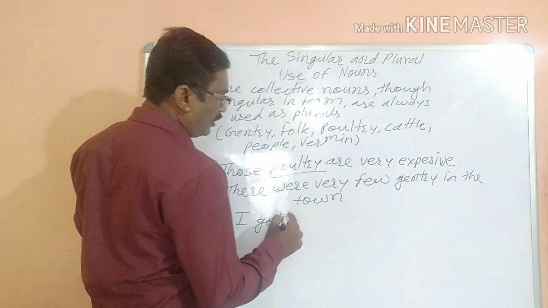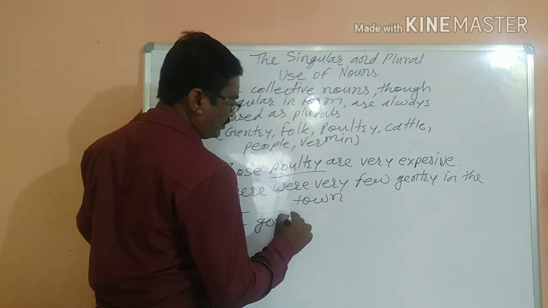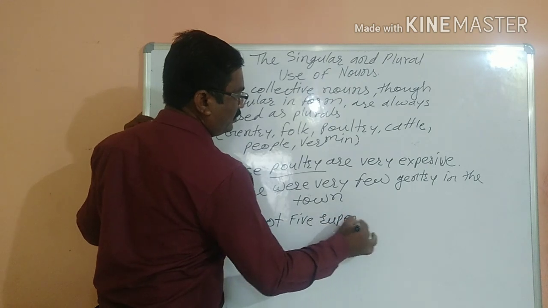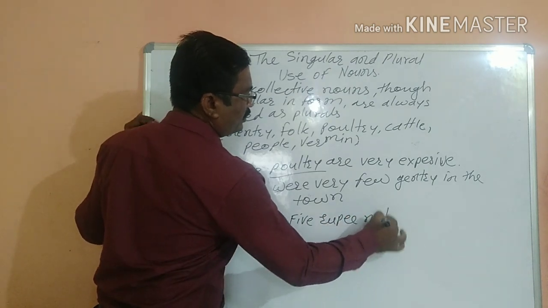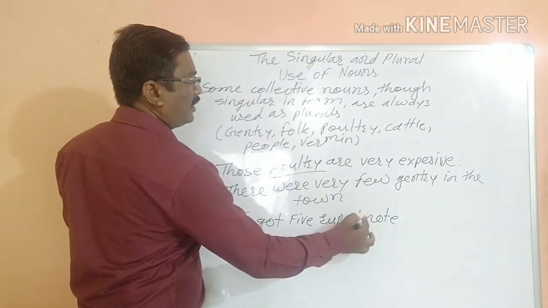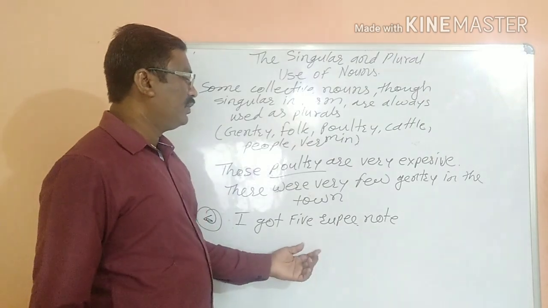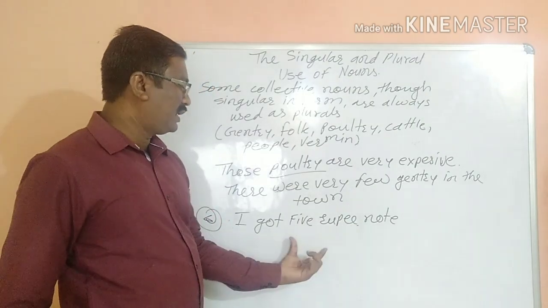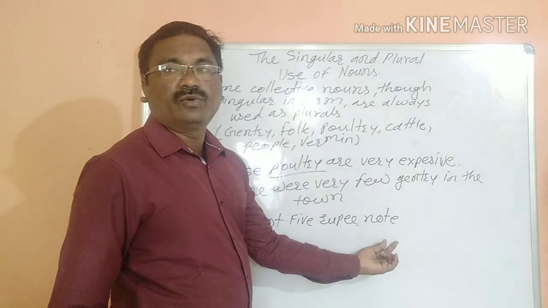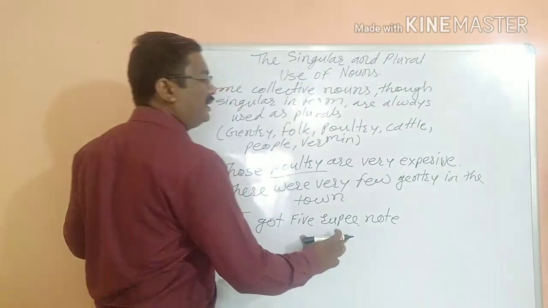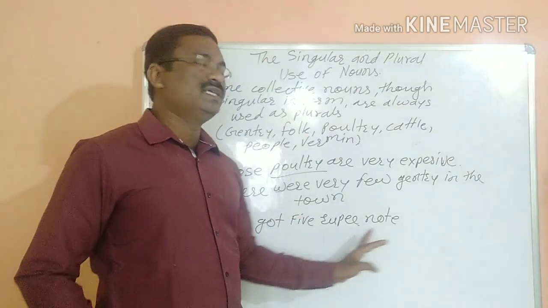For example, I got 5 rupee note. You should not say I got 5 rupees note. We should say I got 5 rupee note. Are you getting? Because here 5 rupee is giving information about this note.